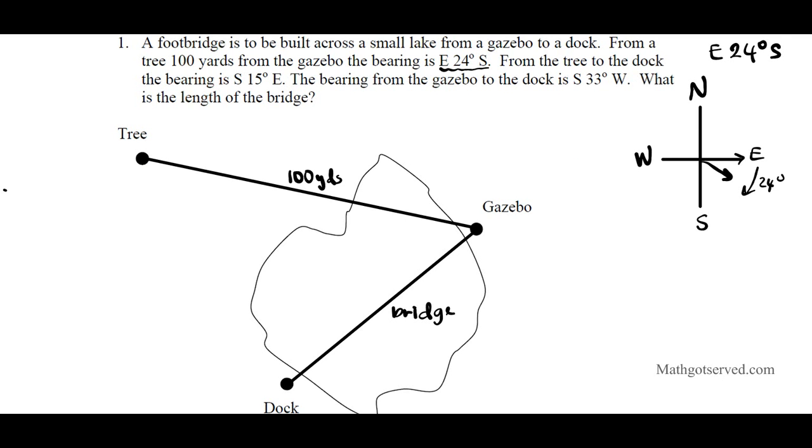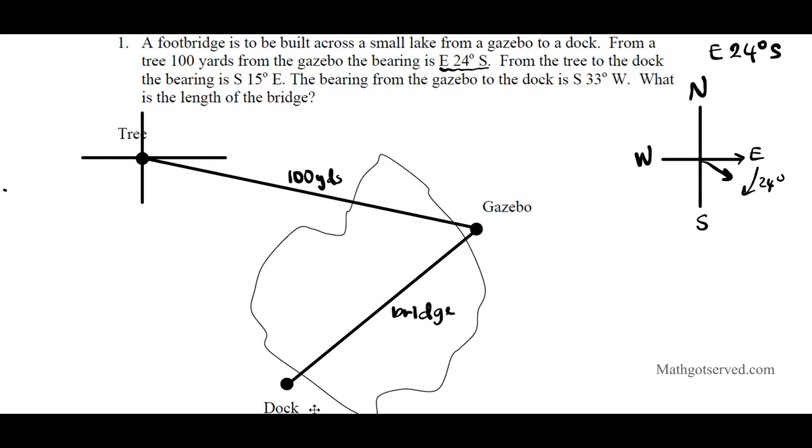Let's draw our four cardinal points: north and south, and then east and west going across, intersecting at a point.